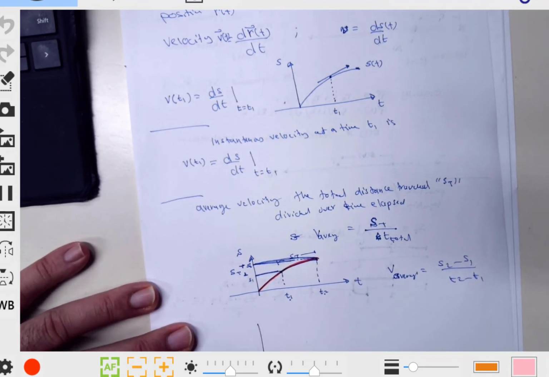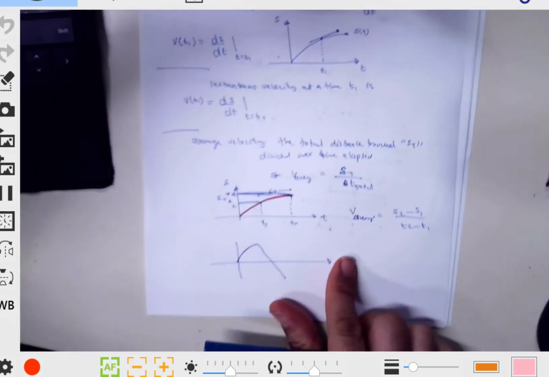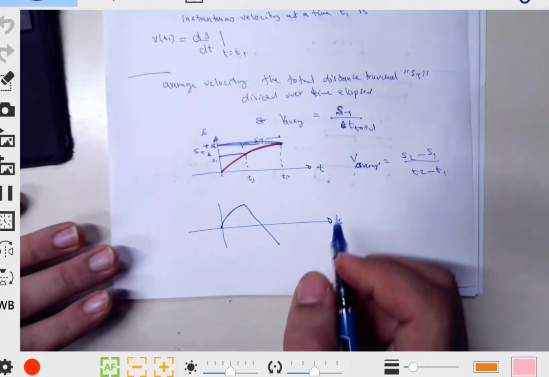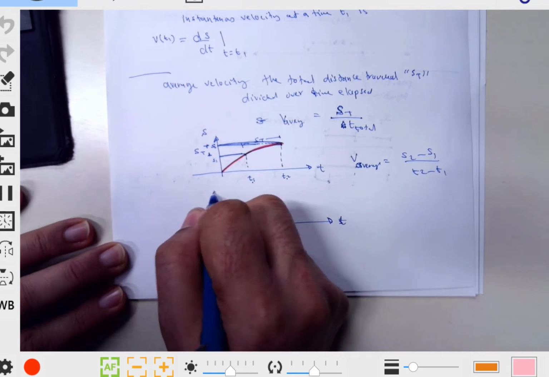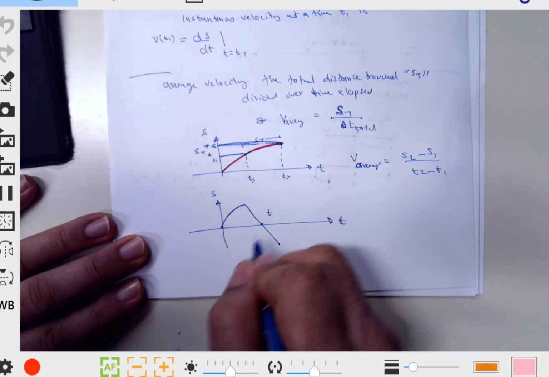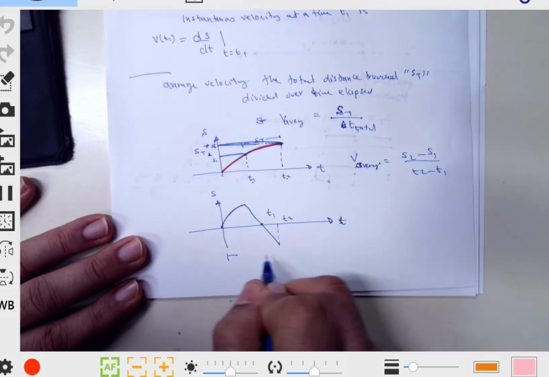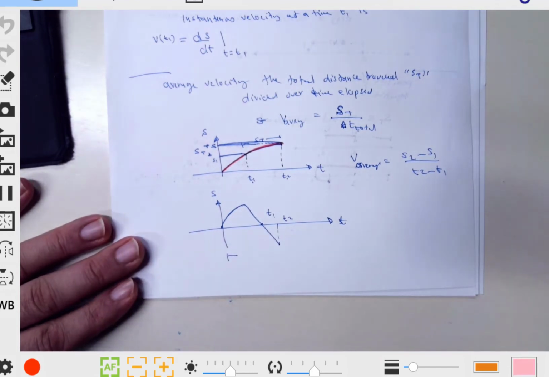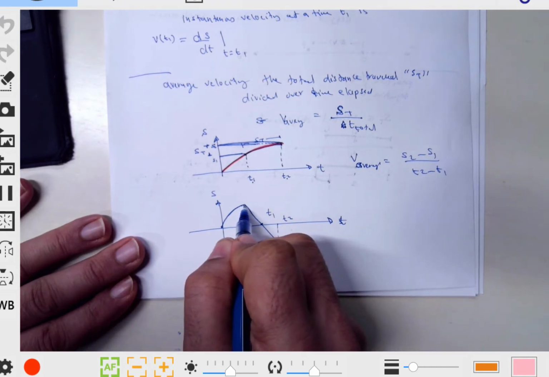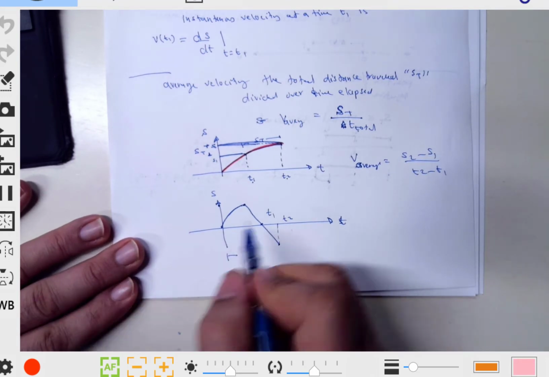However, if I give you something like this, and say this is your time, and this is your s, and that happens to be t1, and this is t2. So what's the total distance traveled? Well, it travels that distance, and also travels that distance, and also that distance.